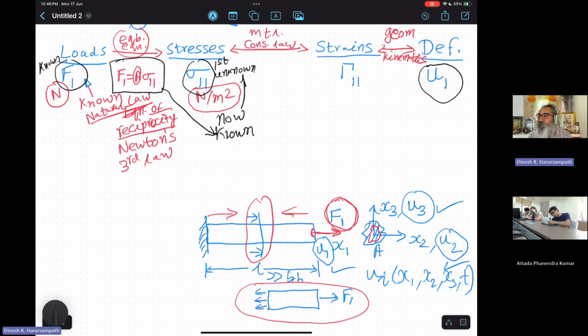So now we want to get to the second unknown quantity, which is the strain gamma 11, okay, which is a normal strain in the x1 direction. So if you want to do that, we have to correlate what we already know. We know F1, we know sigma 11. In terms of those quantities, or at least one of those, we want to get gamma 11.